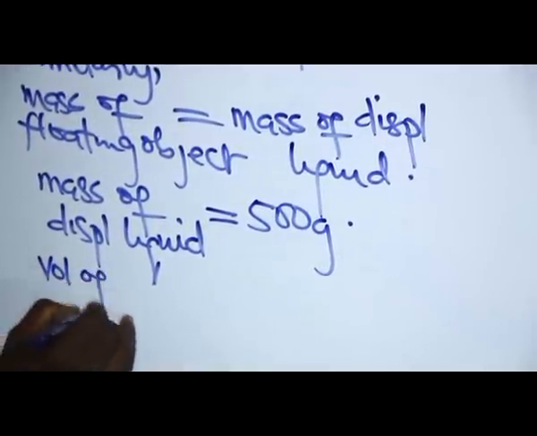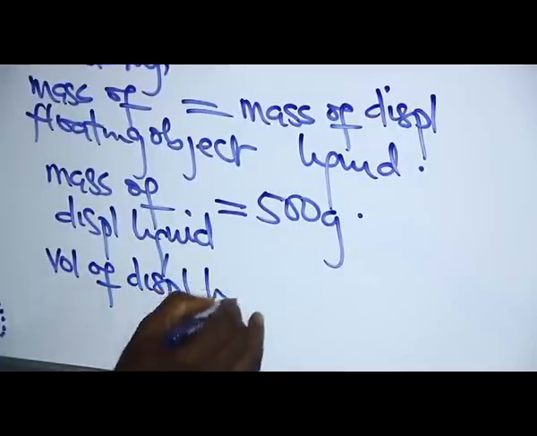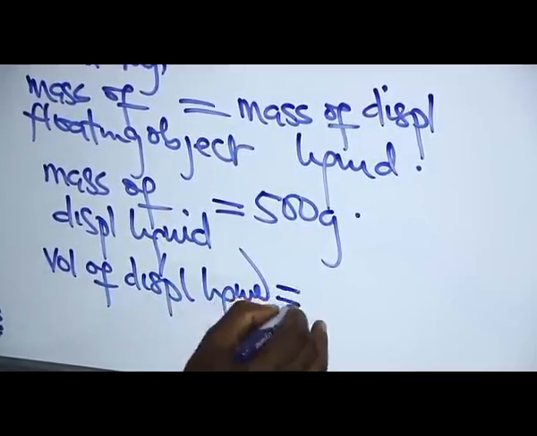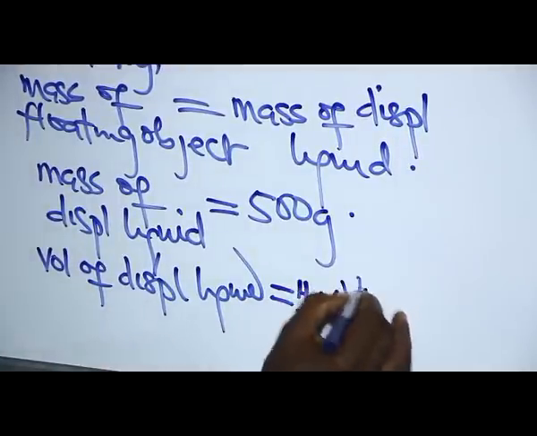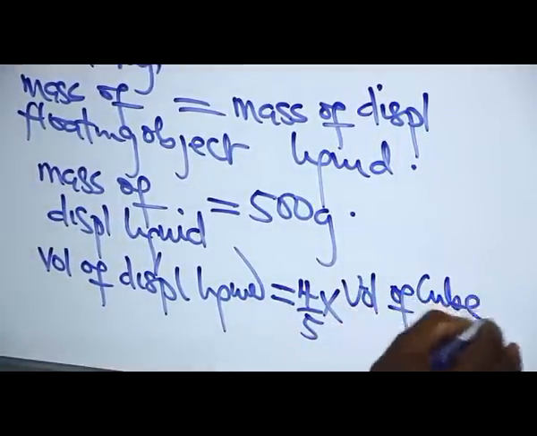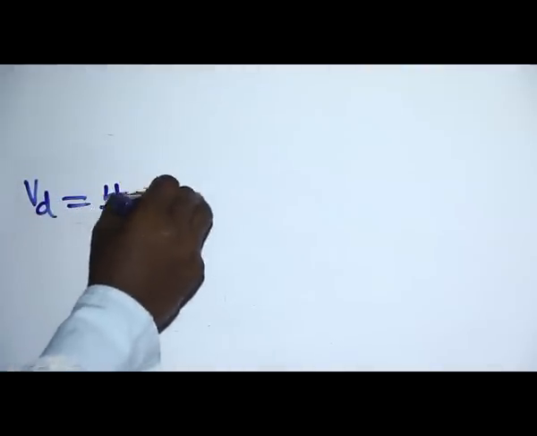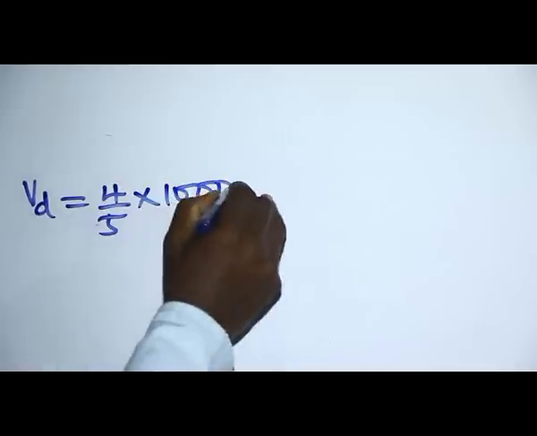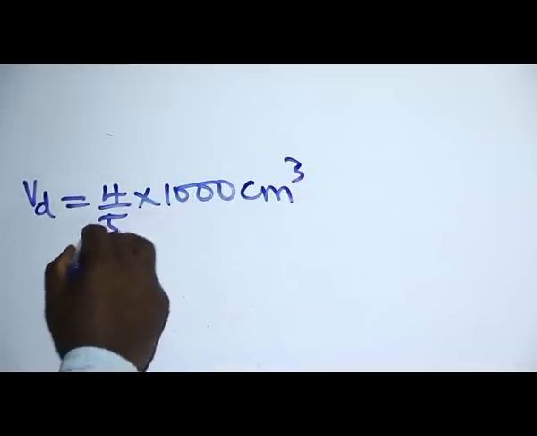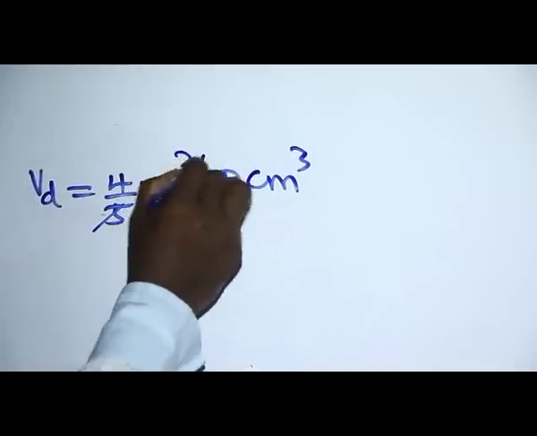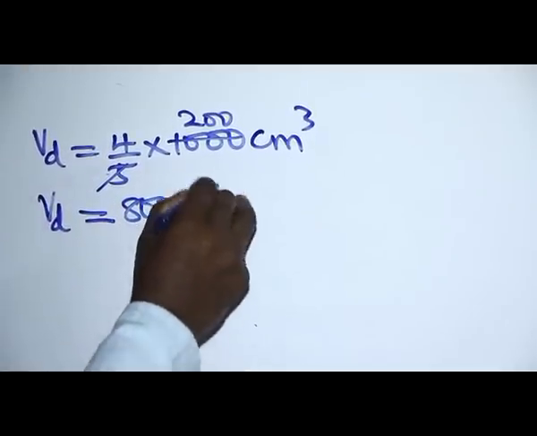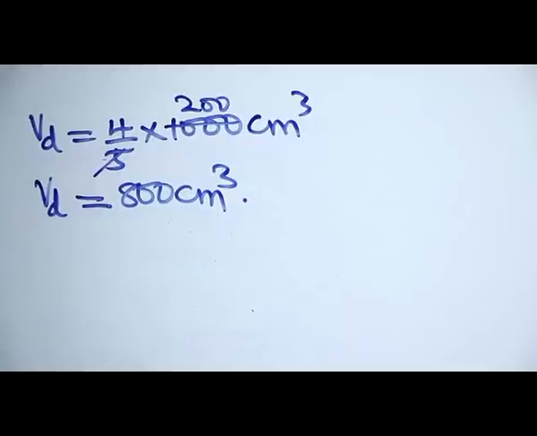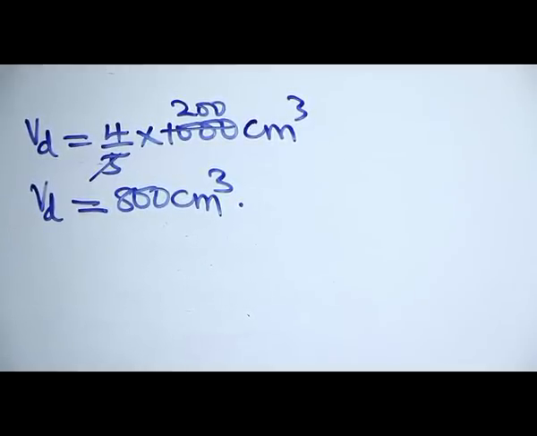Volume of displaced liquid is equal to 4/5 of the volume of the cube. So the volume of the displaced liquid is 4/5 times 1000 cm cubed. Dividing by 5 will give us 200, so the volume of displaced liquid is 800 cm cubed. Having obtained that, we can now get the density of the liquid.